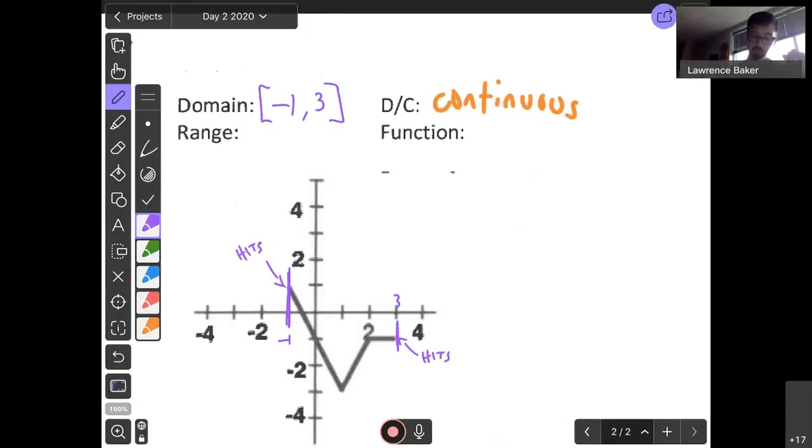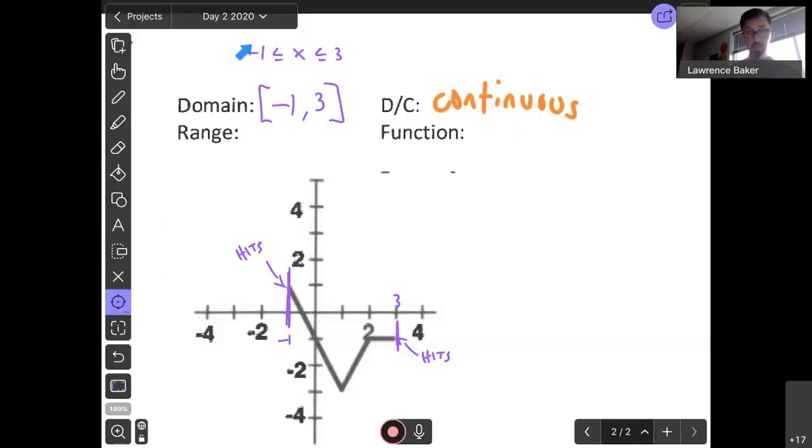It's almost like acting like the equals to, like if I wrote it like that. This notation would be something you guys should be a little bit more familiar with. The compound inequality, all of the numbers that are between -1 and 3, but also including -1 and including 3. This is just a shorter way of writing it. This is called interval notation. This is how we're going to write our domains and our ranges for continuous functions, because we can't write all of the numbers between -1 and 3.